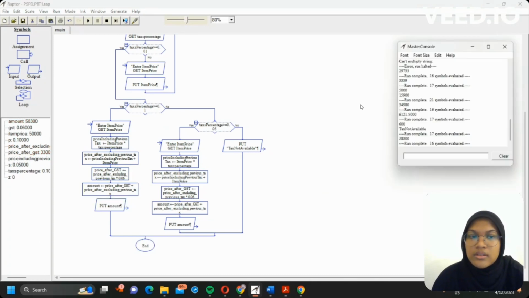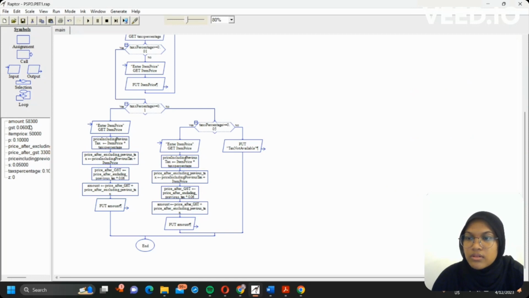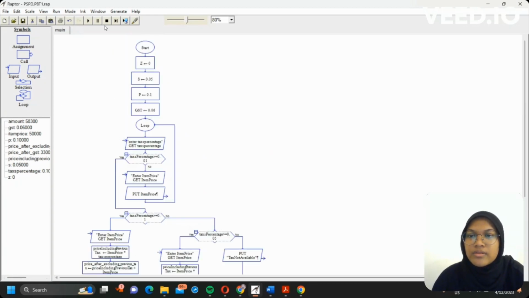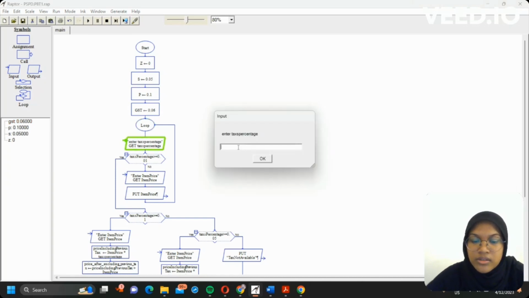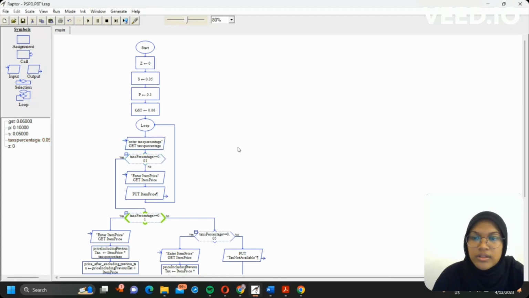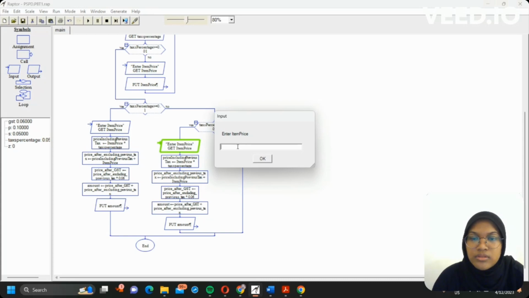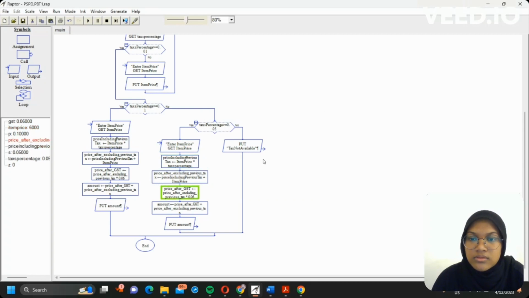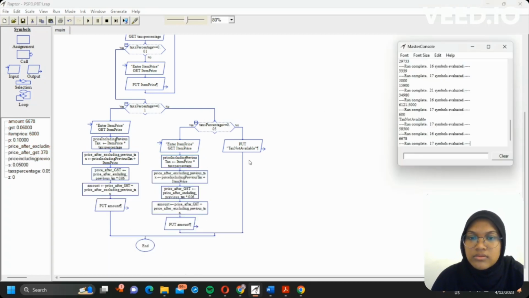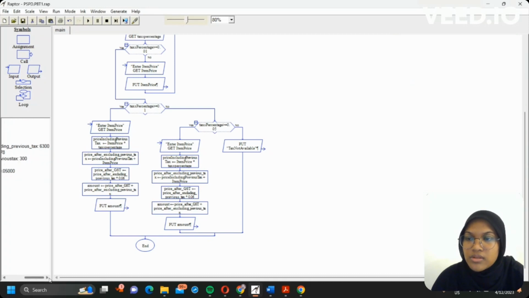And here you can see the amount, and if I put the output here, then I'm going to run once again and put another tax percentage, that is 0.05. Enter. It goes down and asks you to put the item price, and just outputs the amount here.